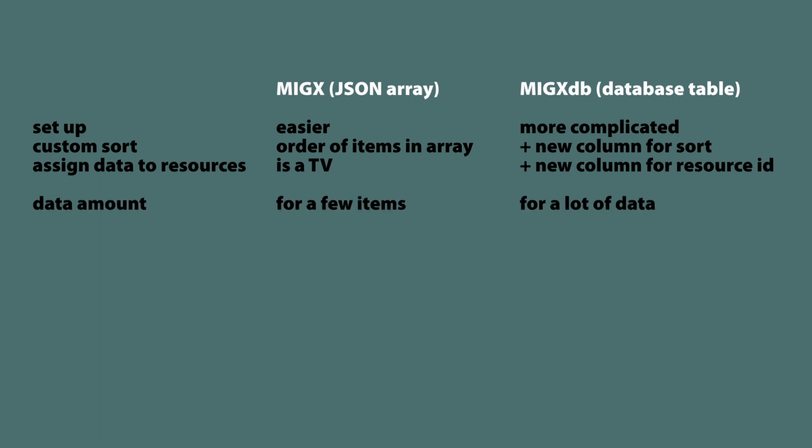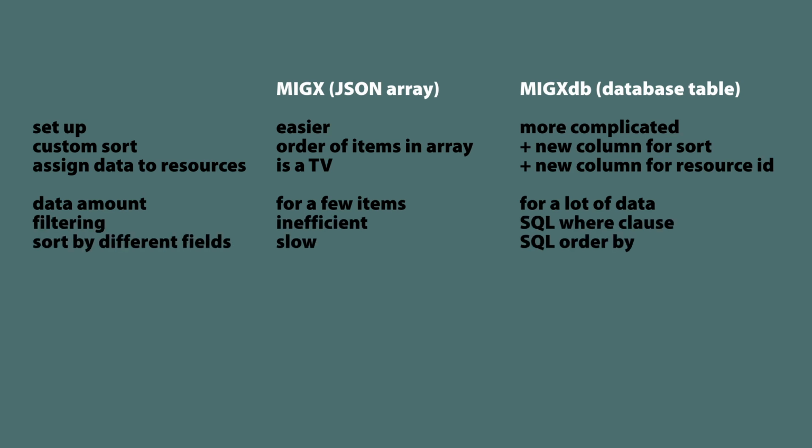MIGXdb is better suited if you have a lot of data. Filtering and sorting the data can be done efficiently with SQL. In MIGX you have to loop through all the data in order to filter it. With your data stored in a database table, it's also possible to combine it with the data from other tables by using SQL joins.